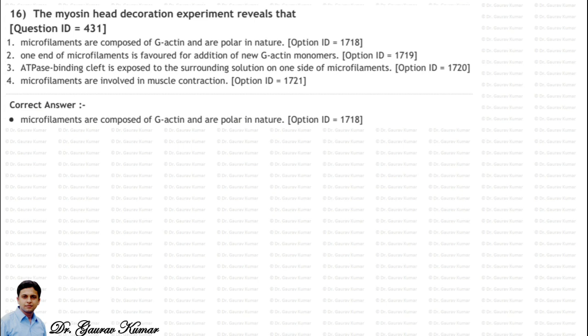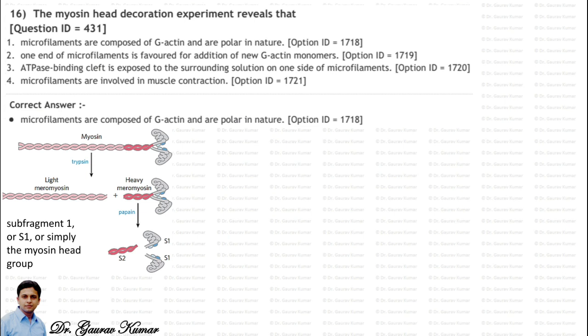Okay, so coming towards the answer: the myosin head decoration experiment reveals that microfilaments are composed of G-actin and are polar in nature. Let's read a little bit about this. On the left hand side, you can see the myosin protein. When it is degraded by trypsin, it breaks into two parts, the light meromyosin and the heavy meromyosin.